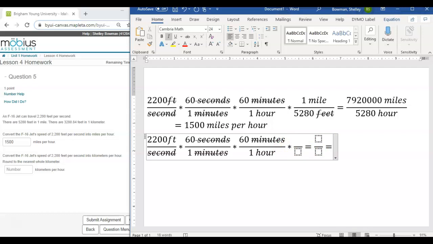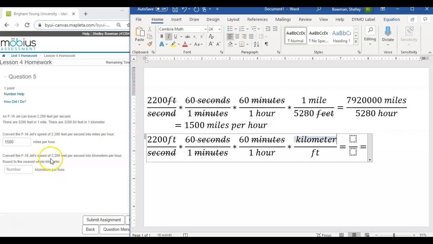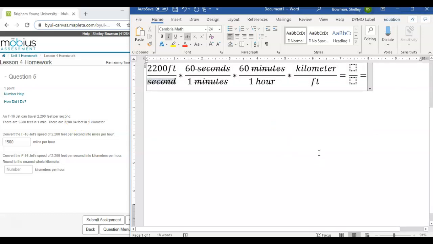Okay, so we have feet on the top. We want feet on the bottom. So we'll put feet here. And so up here we have kilometer, which is what the conversion was given to us. And we have 1 kilometer is 3,280.84 feet, which is the same as 1 kilometer.